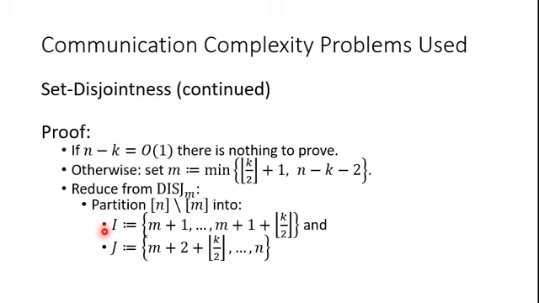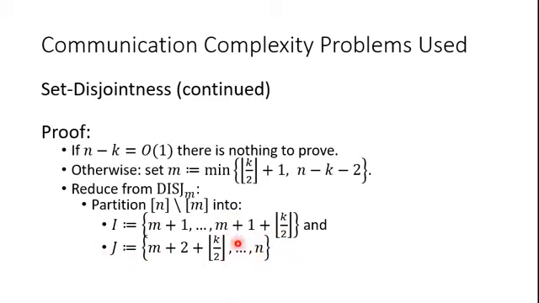The first one, which we denote with I, is going to be m plus 1 all the way through to m plus 1 plus k over 2 lower bound. And the second one, J, is going to go from 1 plus this all the way to n.